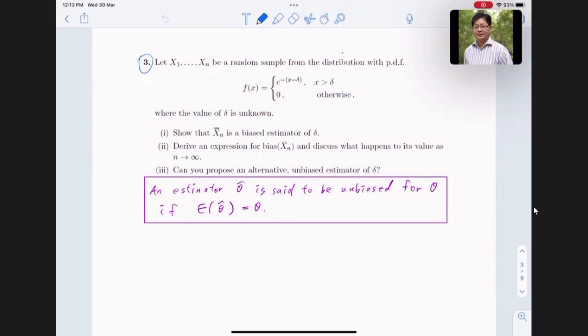It's minus 4 times. So is this the expectation? Because what is this not?